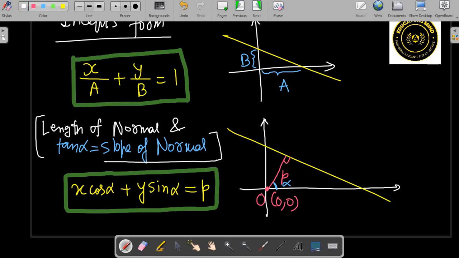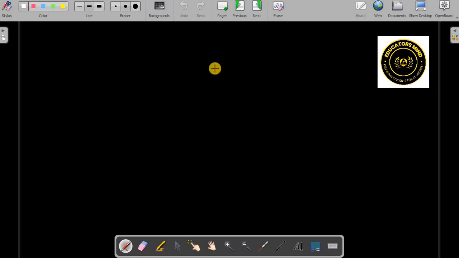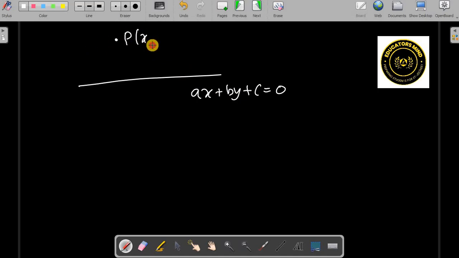Okay, length of normal, and how to find the length of normal to a line in general, that also you see. So suppose there is a line, equation is ax plus by plus c equal to 0, and there is a point P whose coordinate is x1 comma y1.